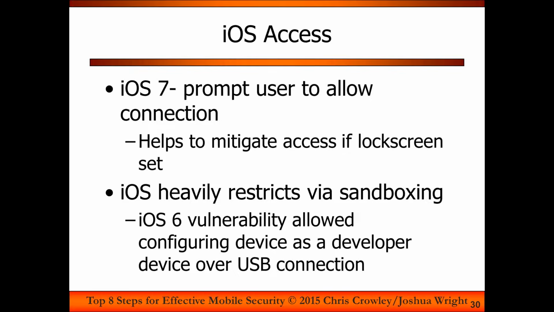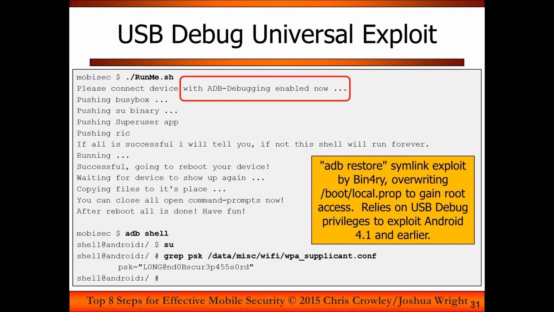So in terms of Android and iOS, modern versions both provide prompts, even if some level of USB connectivity is available. However, with older versions, say iOS 6, if I connected over USB to an Apple iPhone running iOS 6, I could see data associated with applications.